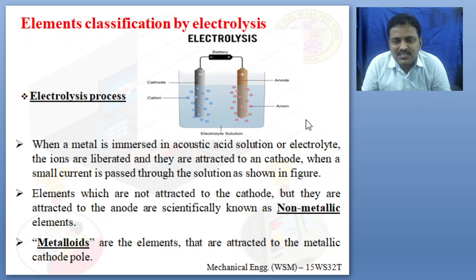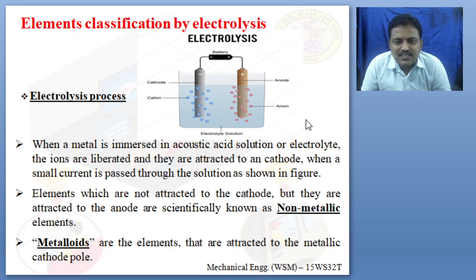One is negative, that is the cathode, and the battery is attached to both the electrodes. So in this sketch you can see, when a small current is passed through the battery, what happens? It will pass through the anode and cathode.